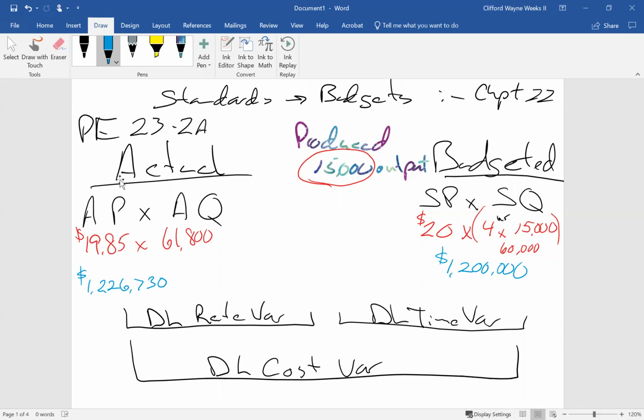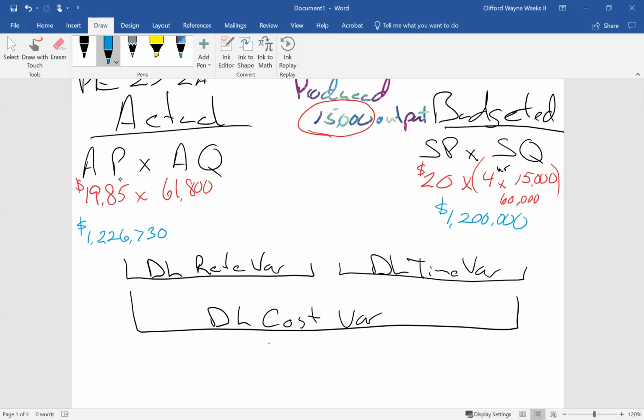Yeah, we're over budget by 26,730. And so this is the direct labor cost variance, and that is unfavorable. I think the textbook just uses a U. So that's unfavorable.